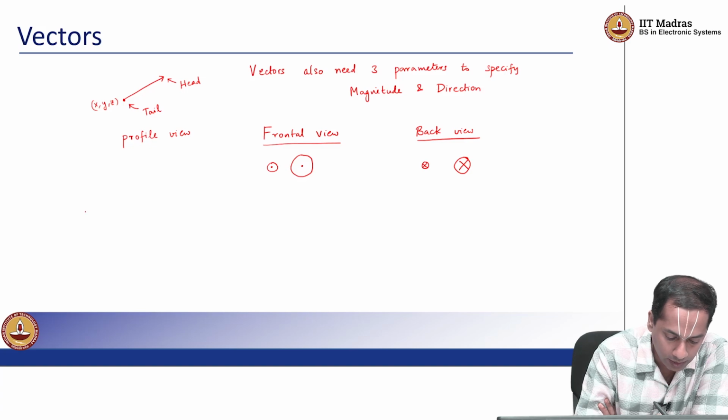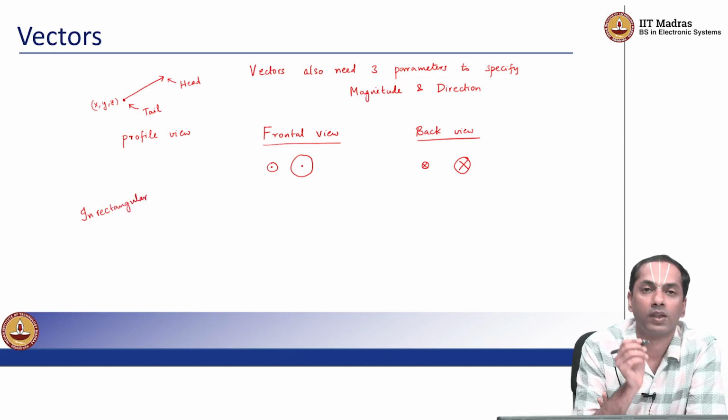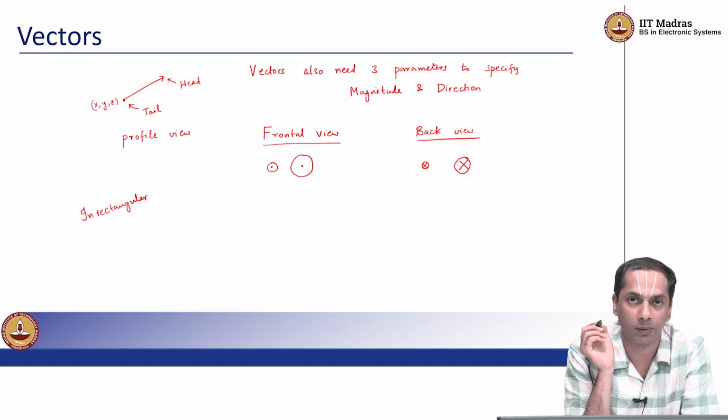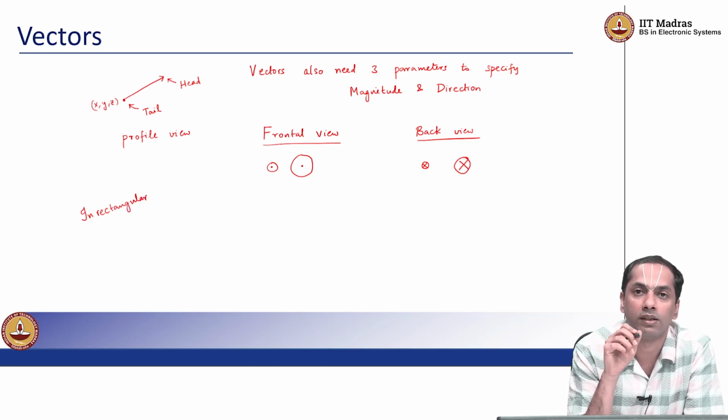So I'm going to take the rectangular coordinate system for most of our lecture this week because it's convenient, but you can also extend these to other coordinate systems, right?